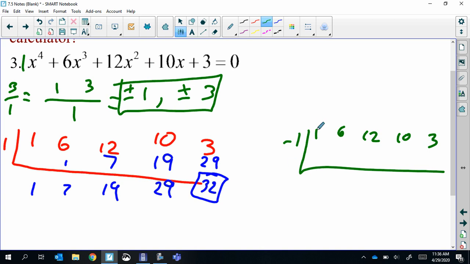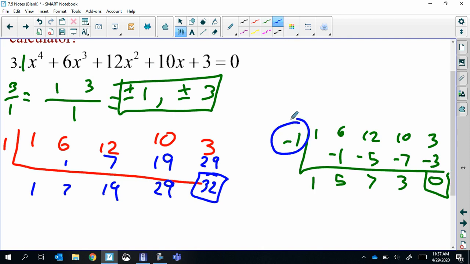So now when we add, we get 1, but now we're multiplying by negatives, so that's going to create negatives, which makes it possible for these numbers to get smaller, hopefully down to 0. Negative 7 gets 3, and then negative 3, perfect. We got a 0. So that means that negative 1 worked as a root. It is a root. Negative 1 is one of our solutions.